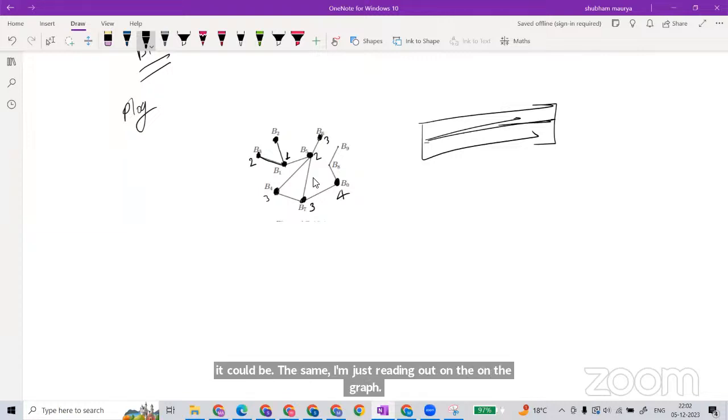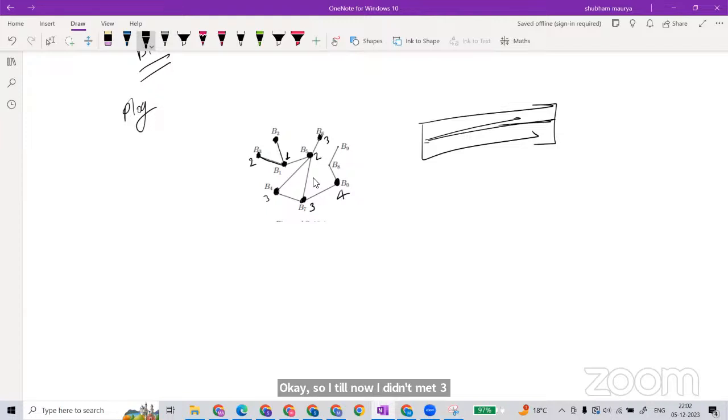Until now we haven't made the tree, so let me list it here in the form of a tree. BFS gives a tree.